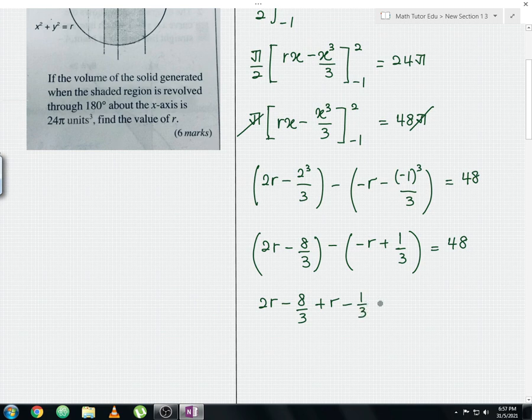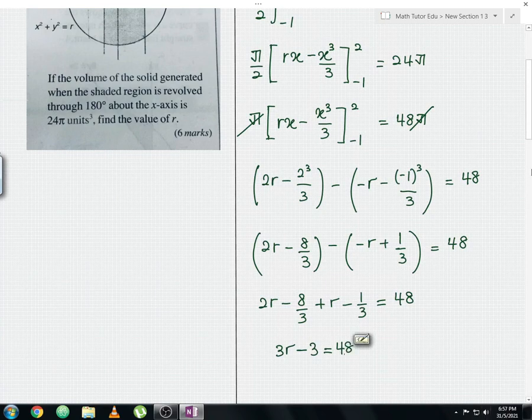And then you should get equals to 48. So from here 2r plus with r you should get is 3r. Negative 8 over 3 minus 1 over 3 you should get is negative 9 over 3. You can write negative 9 over 3 or you can write negative 3. So 3r minus 3 is equals to 48.